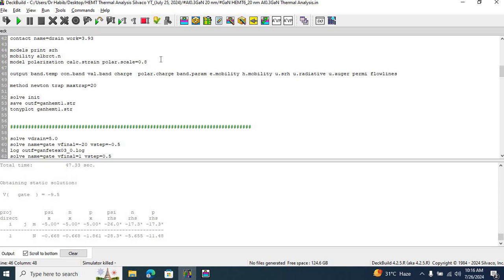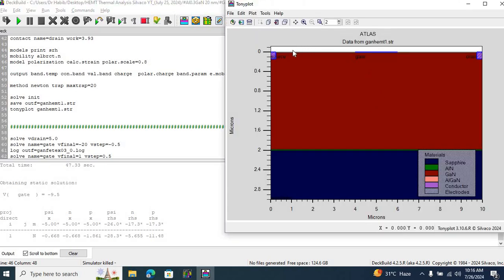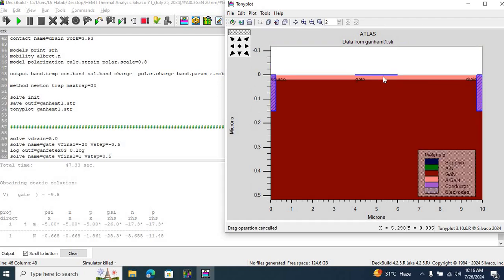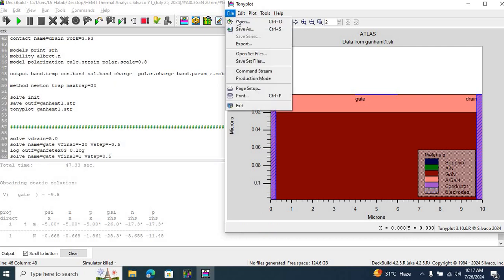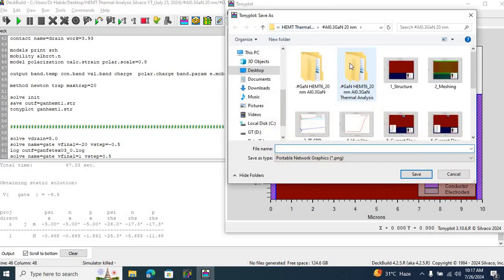Now in HEMTs, what happens is that the electric current flows between the drain and the source via the two-dimensional electron gas, which is located at the interface between the aluminum gallium nitride region and the gallium nitride region. Now let me show you why we call it the quantum well, which results in the two-dimensional electron gas.